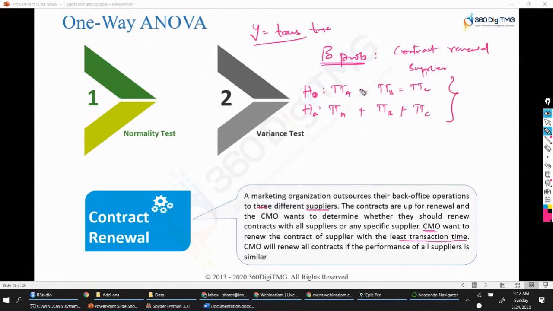But there is a challenge with this statement. We cannot write it this way, because in the null hypothesis it is fine, but in the alternative hypothesis, you may get this case.